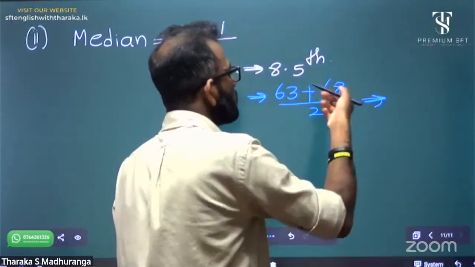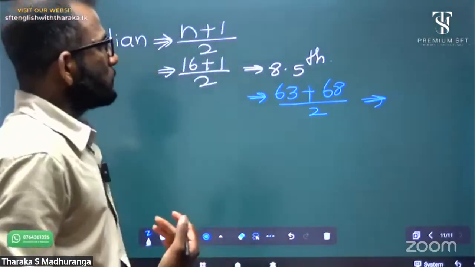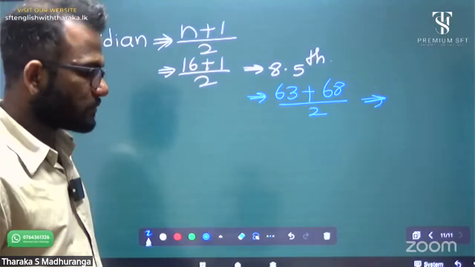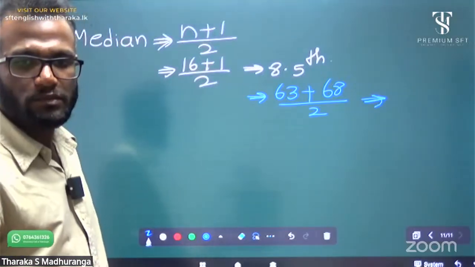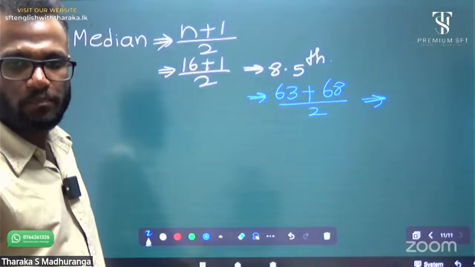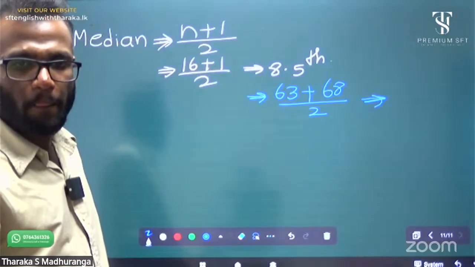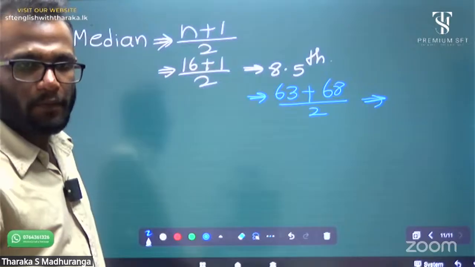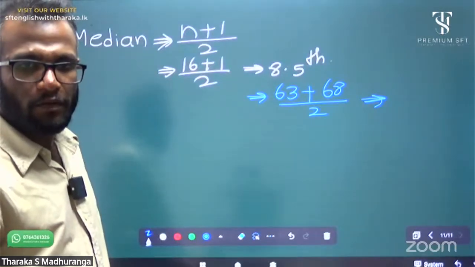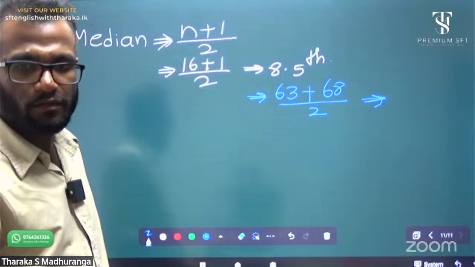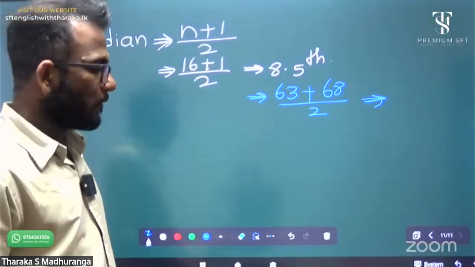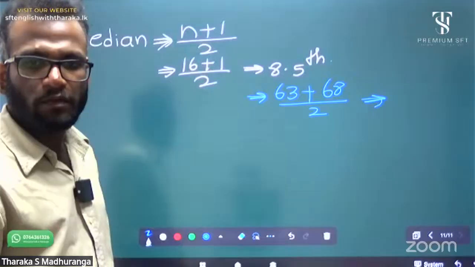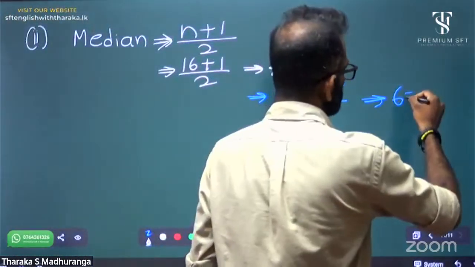63 plus 68, divide by 2, and get the value. Tanya? 63 plus 68. Habib? 65.5. 65.5.